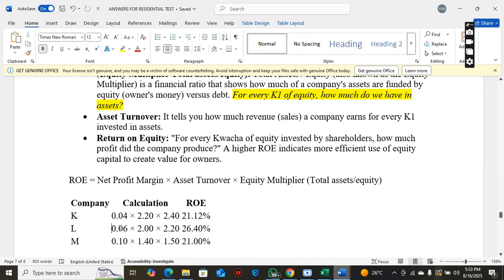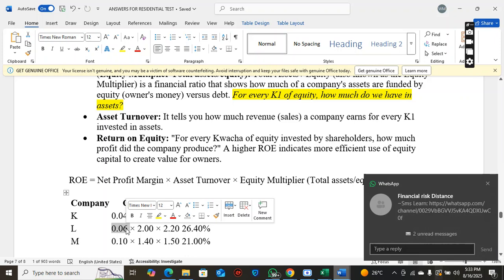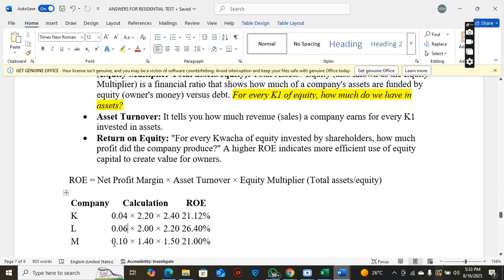For company L, for every one quarter they make in sales, six ngwe is net profit. For company M, for every one quarter they make in sales, 10 ngwe is net profit.